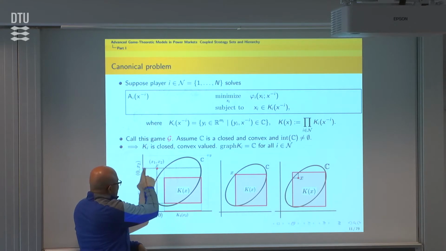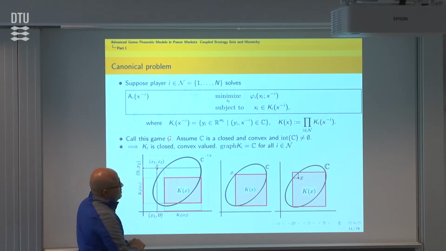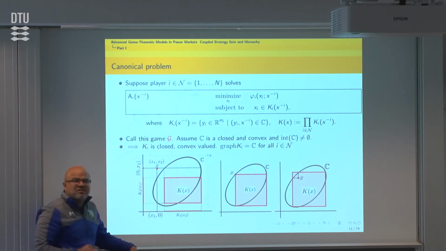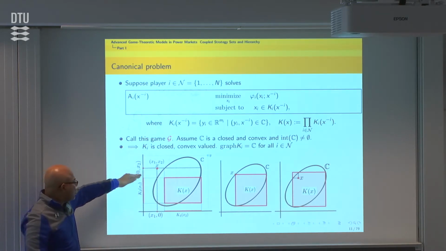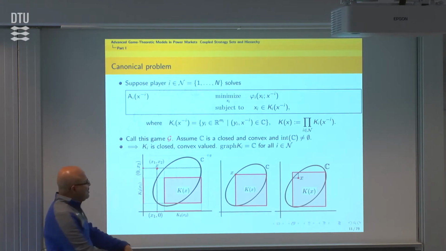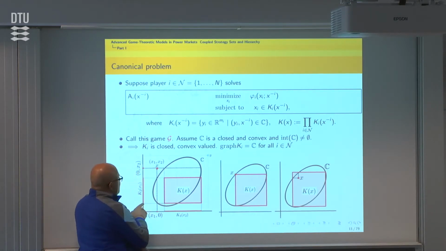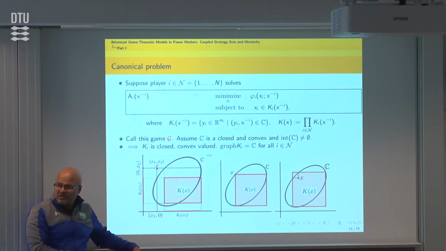If this is x1, x2, there's an x, but this x doesn't lie in C. But anyway, bear with me for the time being. So if I have a decision x1, then the set induced for player 2 is K2 of x1. That's her feasible region. So if player 2 makes a decision x2, the set induced is K1 of x2.